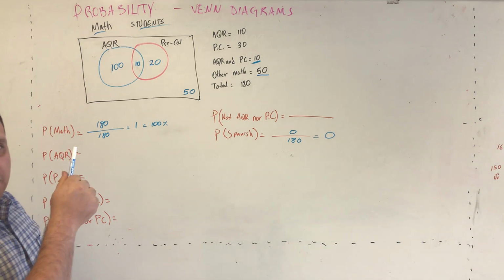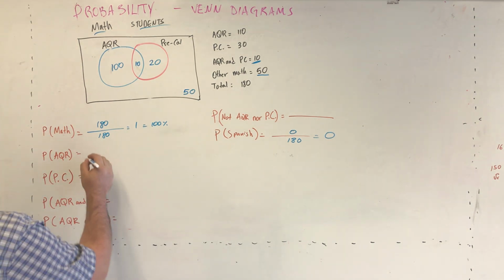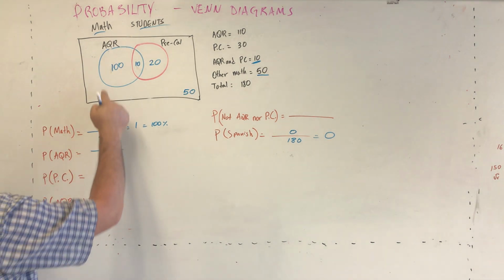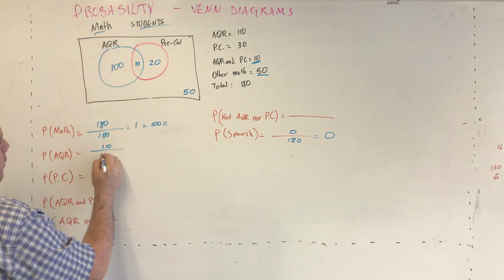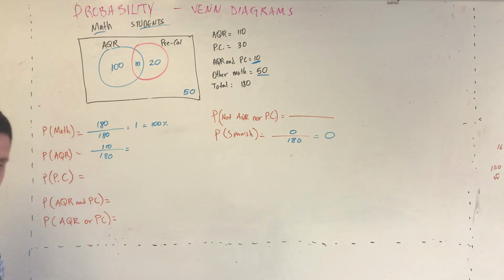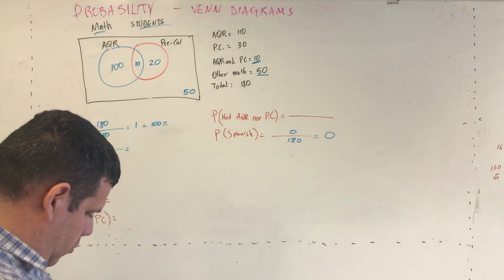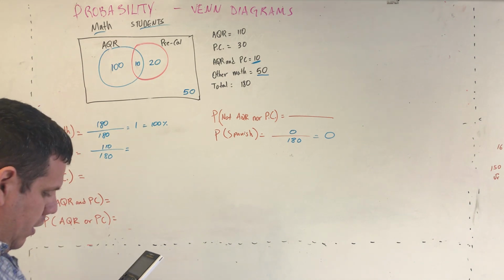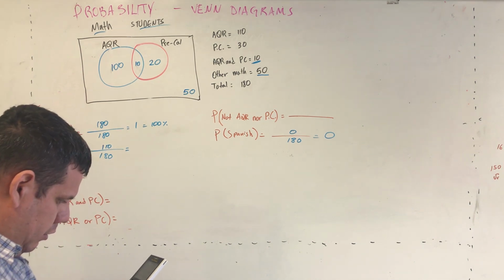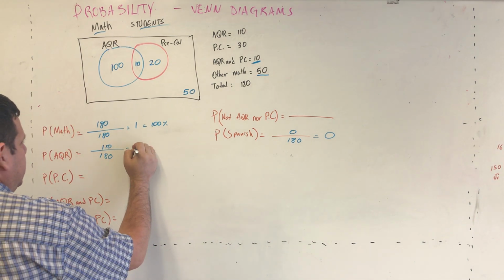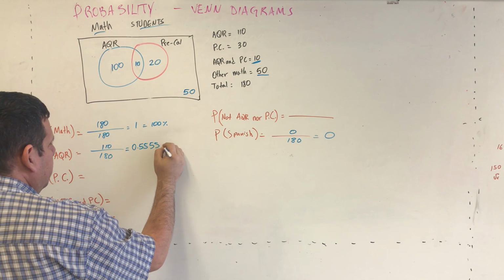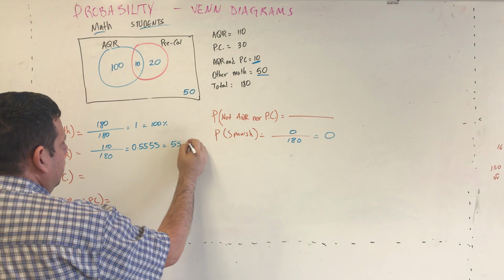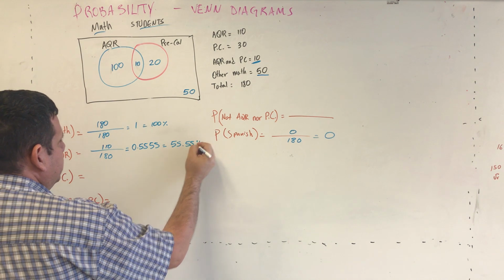All right, AQR. I have 100 plus 10. I have 110 divided by 180. And when we do that in the calculator, I have 0.5555, which is 55.55%.